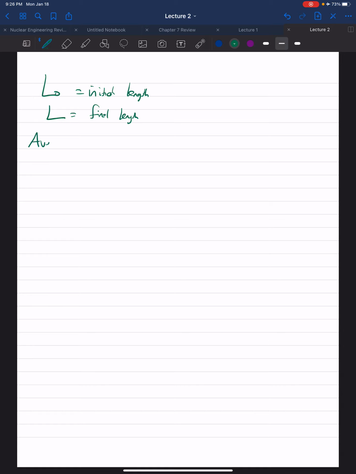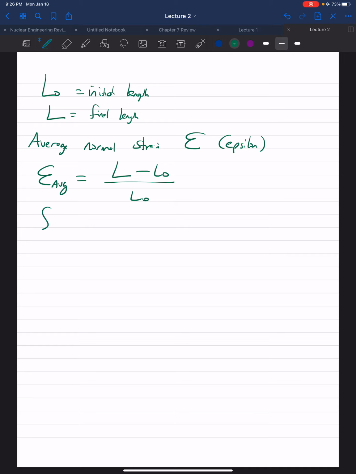So then the average normal strain, this is epsilon, is the final length minus the initial length over the initial length. Delta is the final minus initial, so this could be written as the change in the length over the initial length.